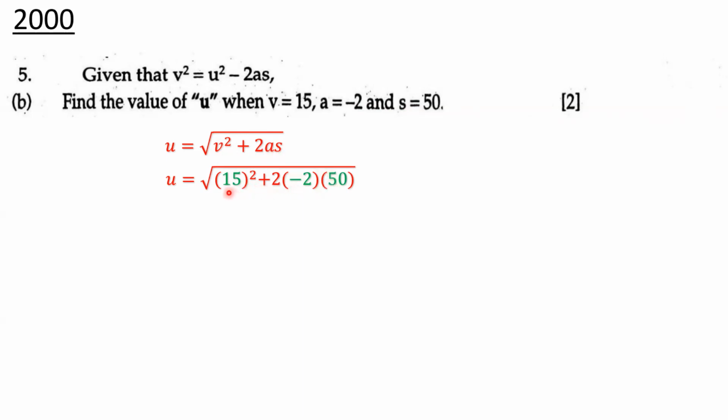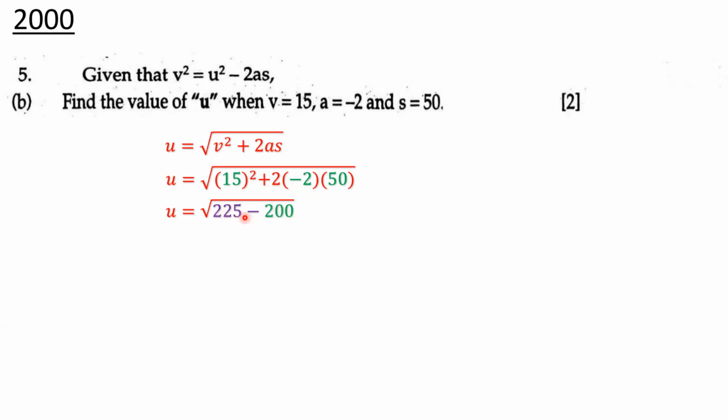Next, we multiply 15 times 15, because 15 times 15 is 15 squared. So 15 squared is 225, minus, what is 2 times -2 times 50? That's going to be equal to -200.